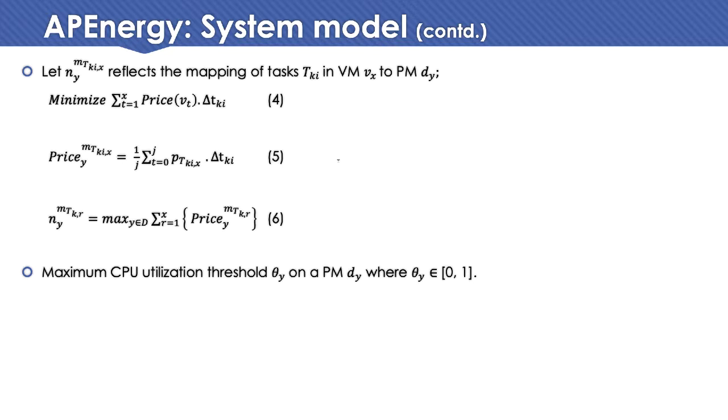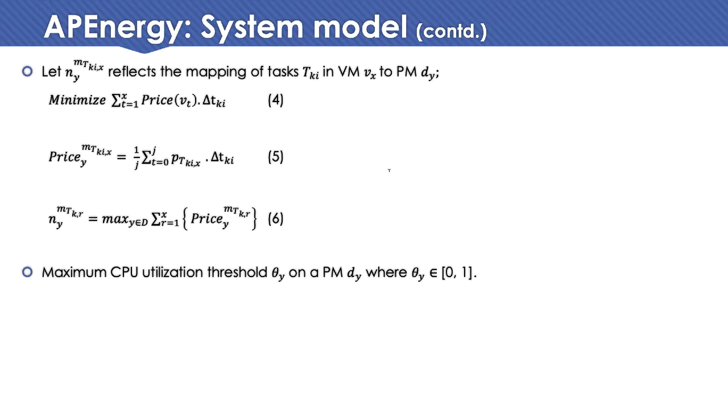So we give equation 4, where V of t denotes the total number of virtual machines employed to complete workflow W of k. Price for this particular virtual machine represents the price associated, and delta tki denotes the time to complete this particular task. The optimal placement of VMs per PM is governed by minimization of power consumption costs of a virtual machine.